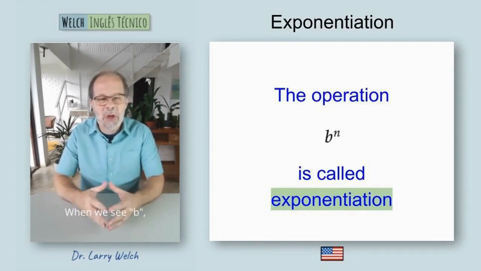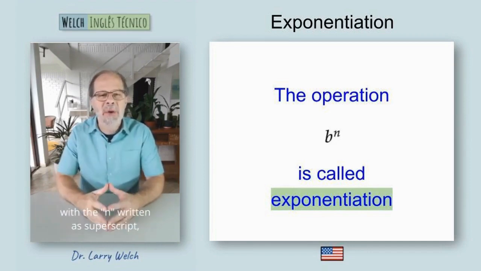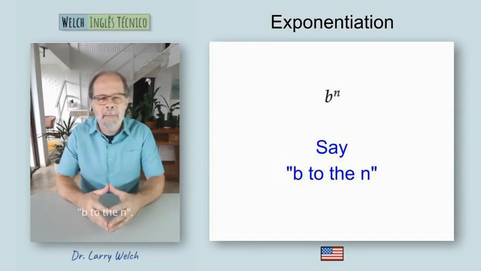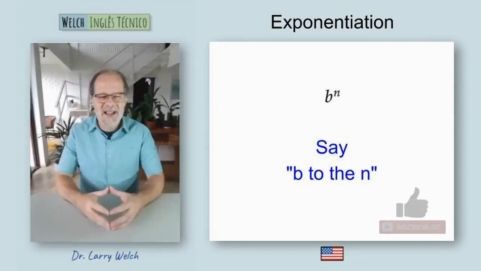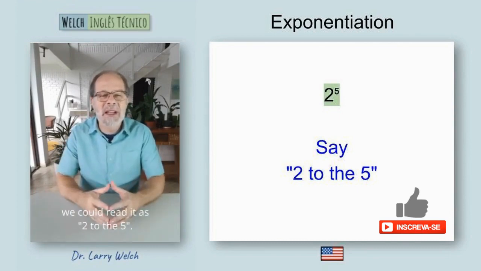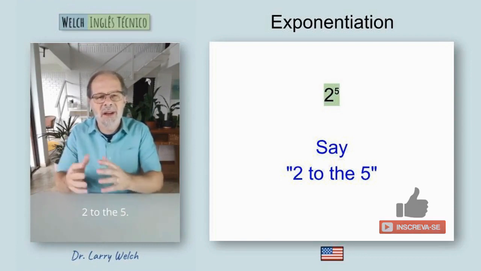When we see B with the N written as superscript, we can read it in English as B to the N. So if it were 2 and 5, we could read it as 2 to the 5.